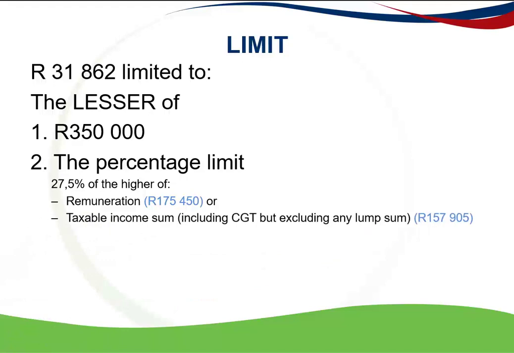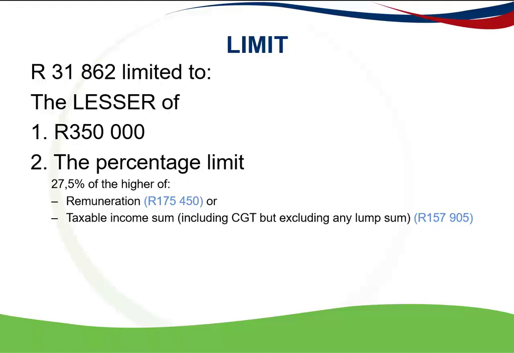The second part of the percentage limit is that we must look at the taxable income, including capital gains tax, but excluding any lump sum. And that in this question was 157,905 Rand. So we need to look at what's bigger of those two.